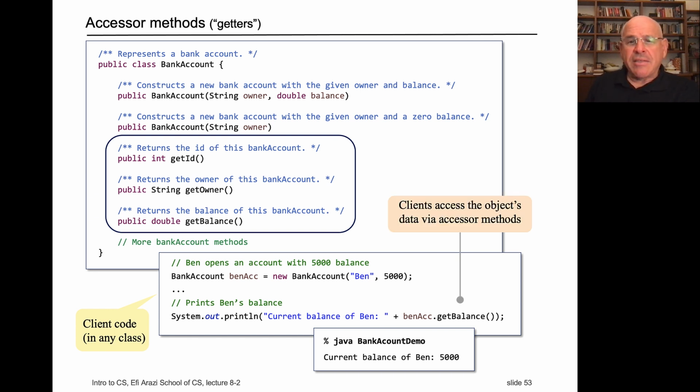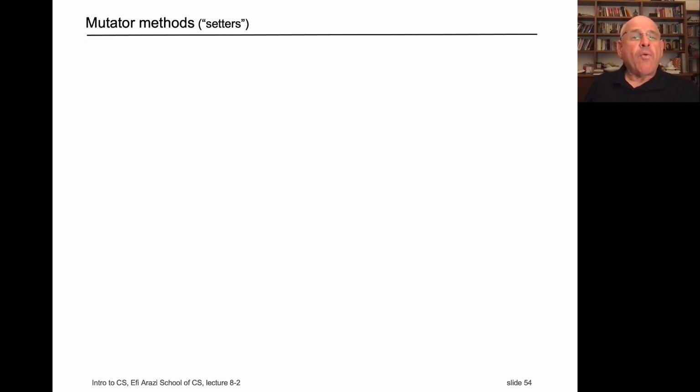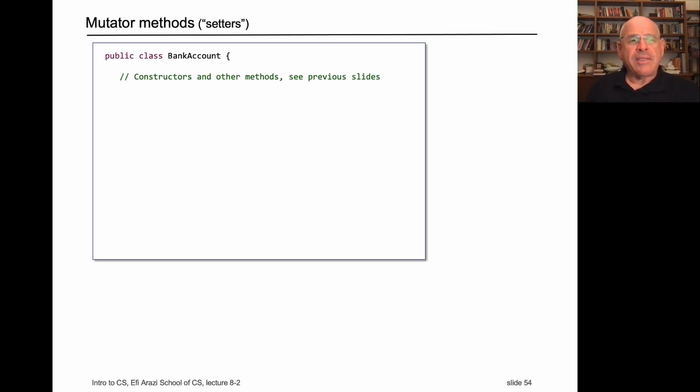So clients access the object data by using accessor methods, and that's why these methods are called accessors or getters, which is the same thing. Now, what about setters? Okay, well, let's see.